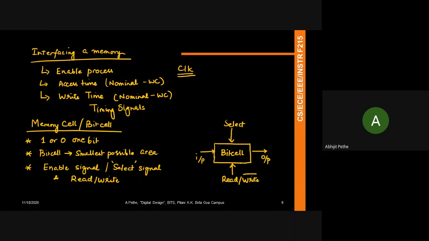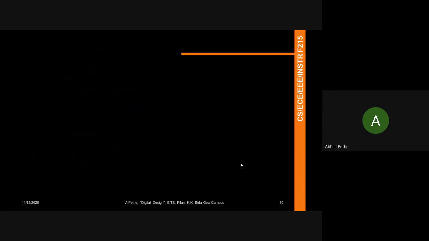That is, the bit cell has a way by which you can write into it. It has a way by which you can dump whatever data is inside out. It has a way to select it and it has a way to read and write it. Right. So now let's think about a case that we want to design a memory based on this bit cell. So what did we say about a memory? If you look at the top level diagram of a memory, now again, let's do RAM.